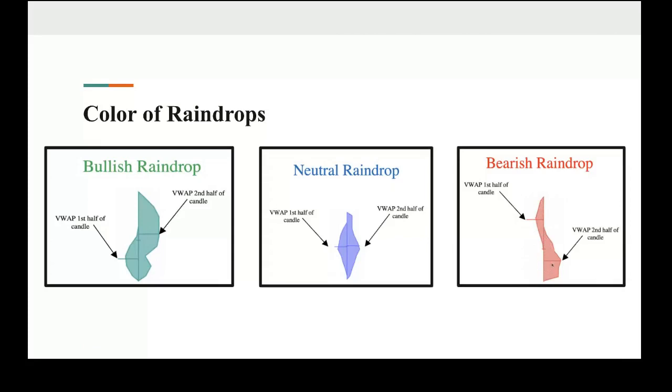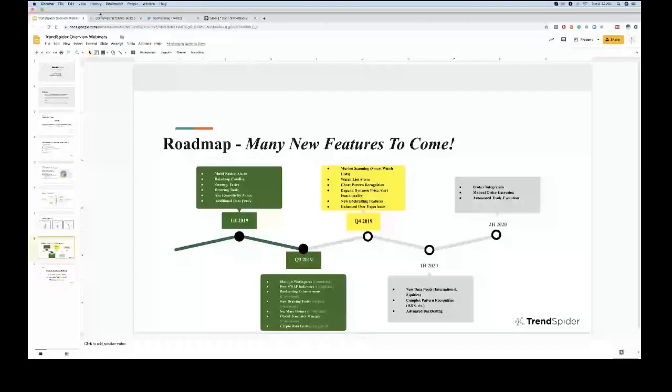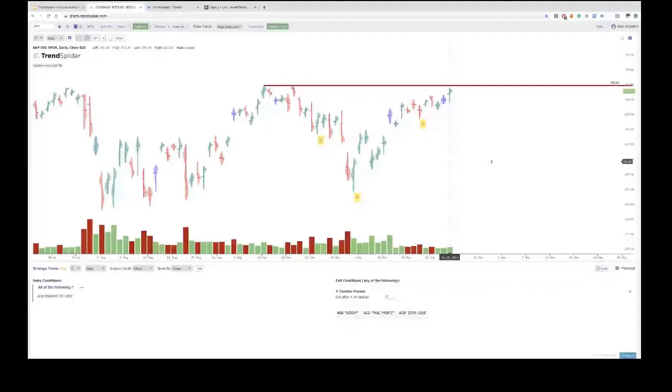And we know that sellers came in and this volume pushed price to new lows because there's no volume profile on the left-hand side. So we can see the sellers flowing from the top of the range to the bottom of the range, showing that selling is definitely taking over. So that's something I wanted to point out before jumping too deep into raindrops.